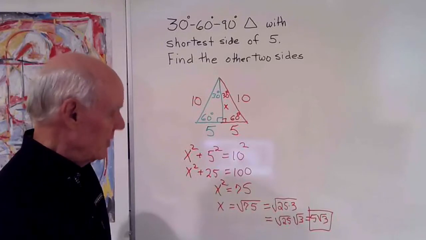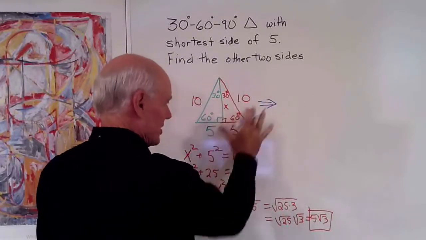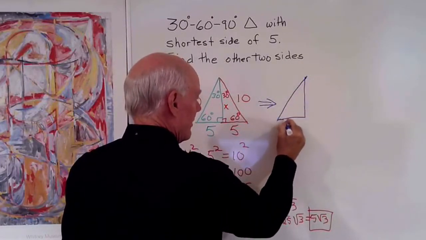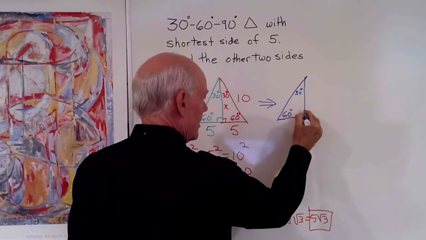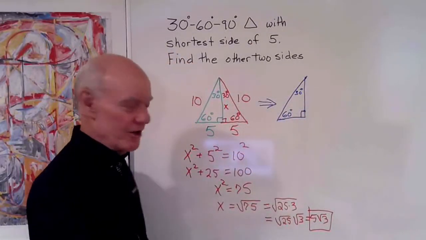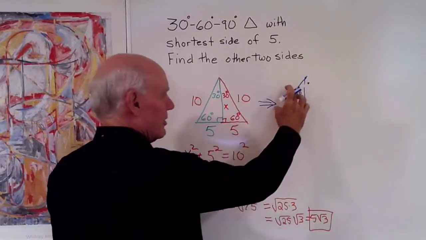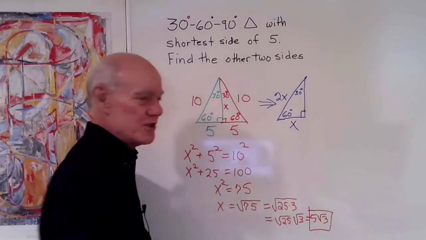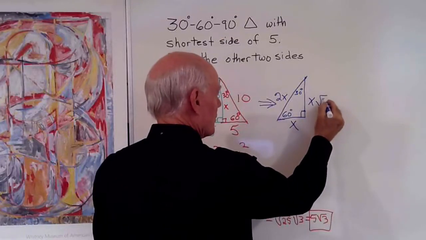So in the book, what we did is we generalized this, and by doing this exact same thing, we said this: if you have a 60 degree, 30 degree, 90 degree right triangle, and the shortest side is x, just like this right here, the longest side is always going to be equal to 2x, and that third side is always going to be equal to x square root 3.